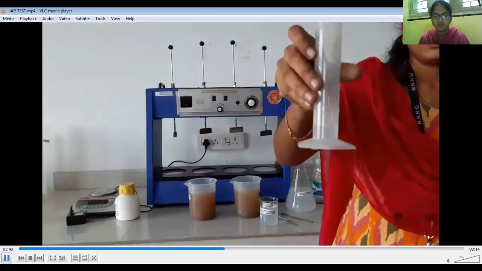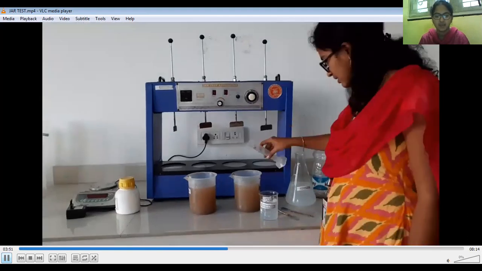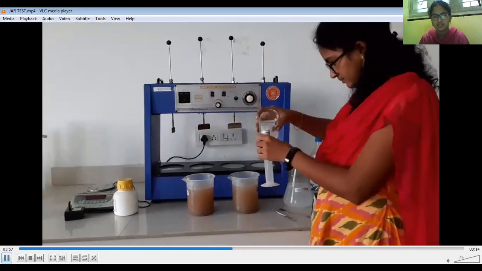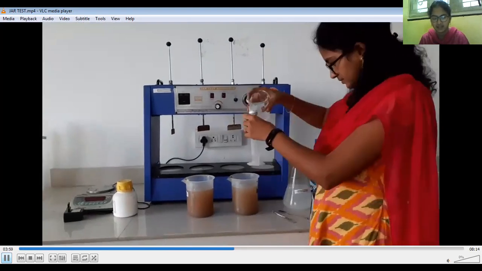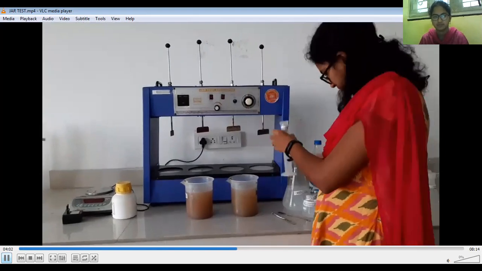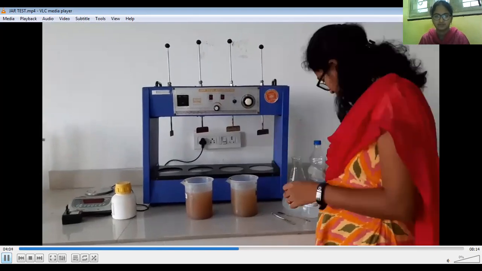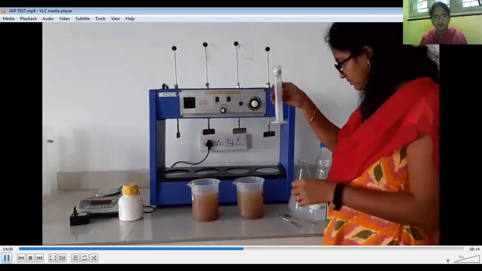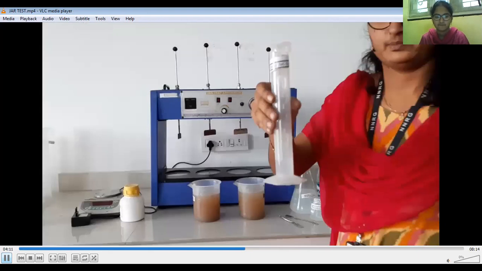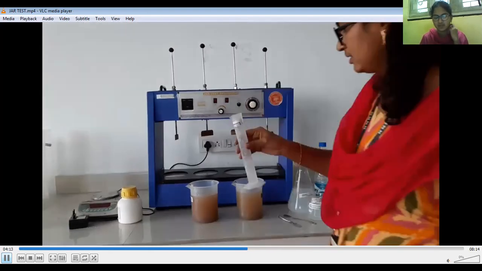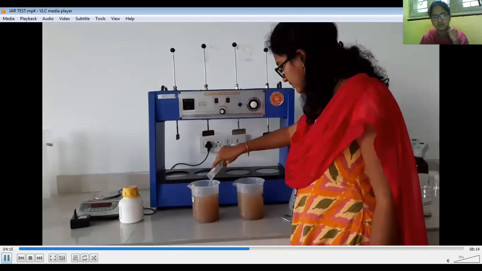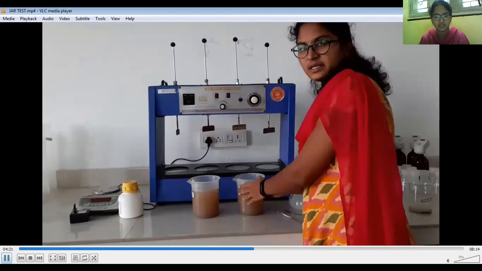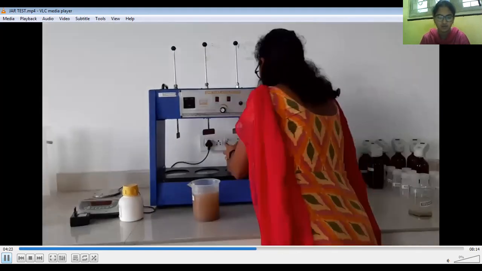Here we add 5 ml in the first beaker and the second beaker gets 10 ml, and so on for the dose in all beakers. We also measure color, turbidity, alkalinity and pH of the raw water.